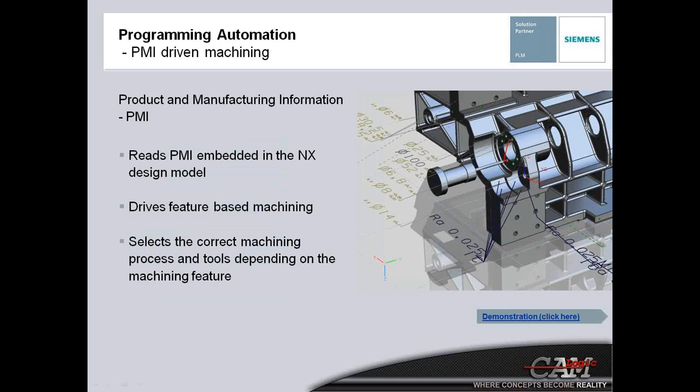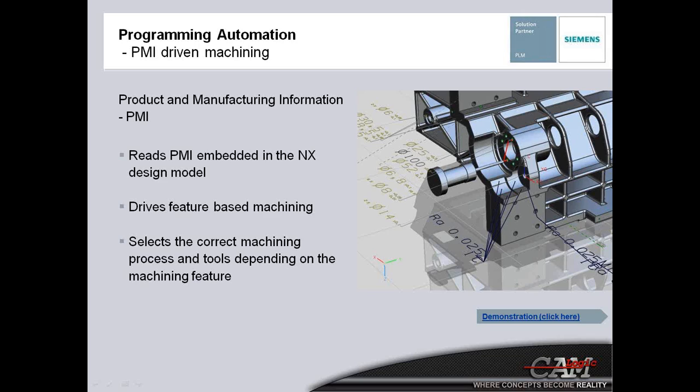When using an integrated solution, though, with the NX CAD as well as the NX CAM, we can take it a step further. With feature-based machining and the ability to recognize machining features on a part model, we can look at an NX CAD model and read product manufacturing information, also called PMI, that's been added by the designer as a 3D model annotation.